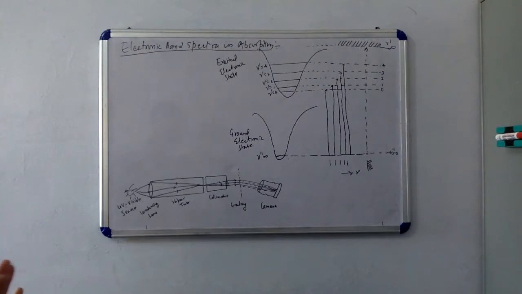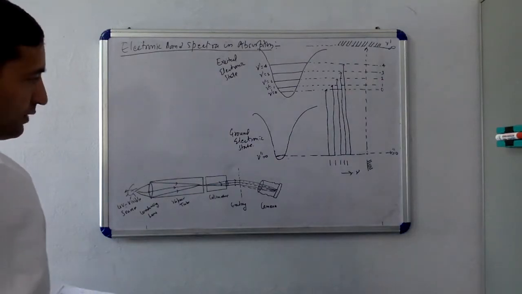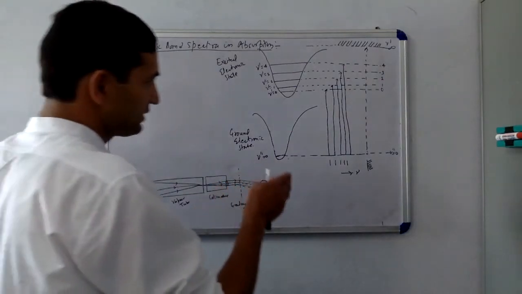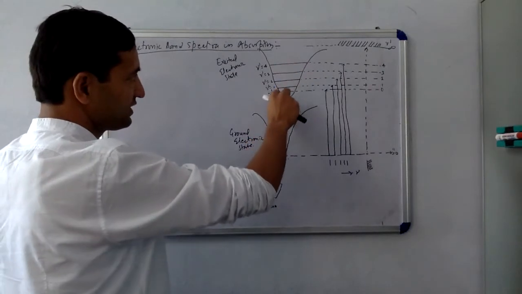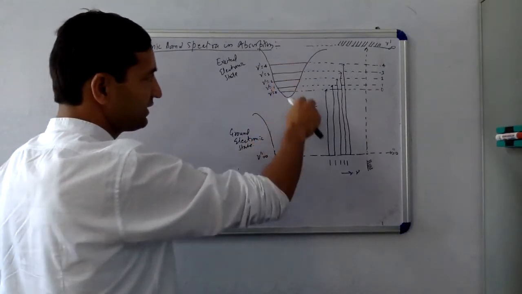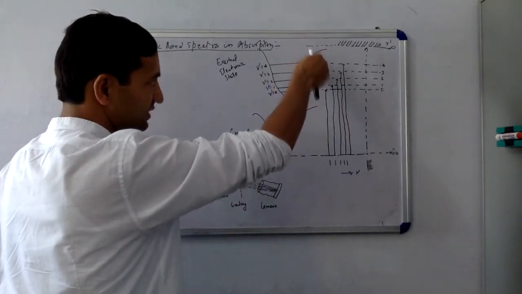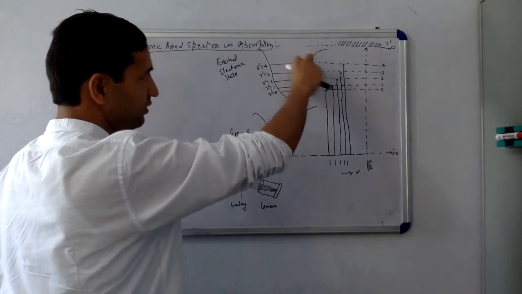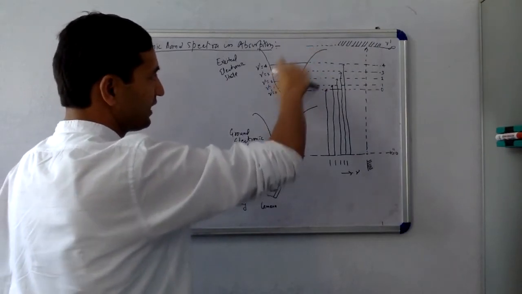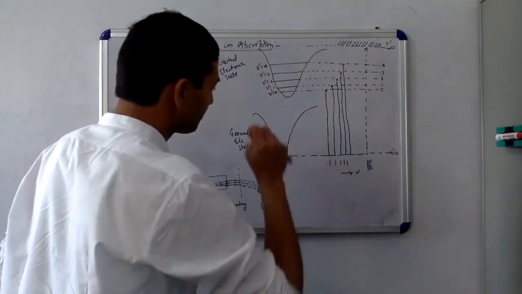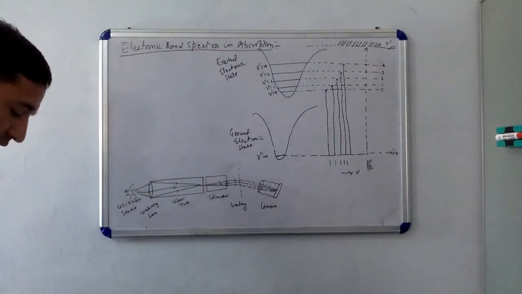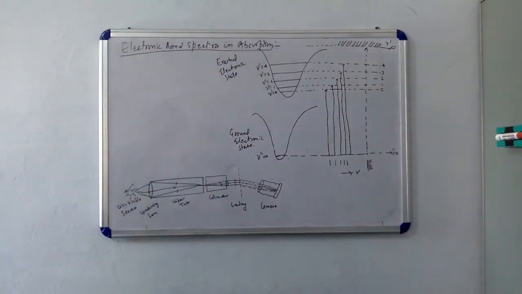Hence there are transitions from each of these ν′ levels to the ν″ levels. Since the population is sufficiently high in these levels, you get energy transitions from all the levels of the excited state to all the levels of the ground state, so both kinds of progressions are given.